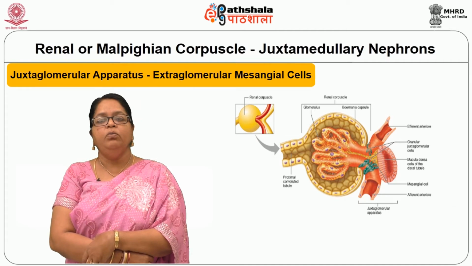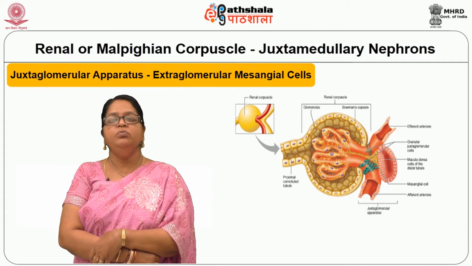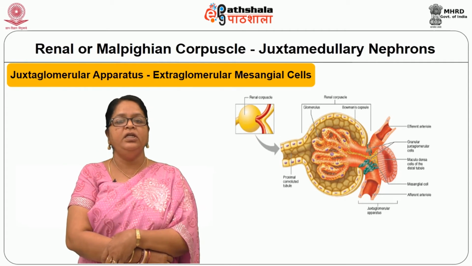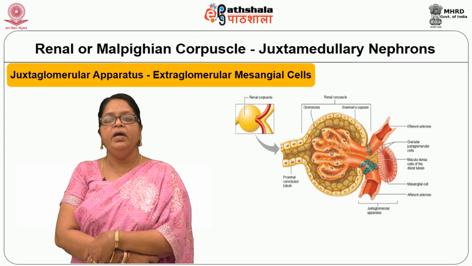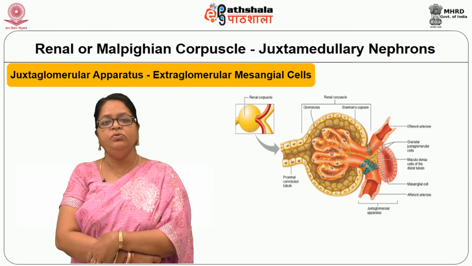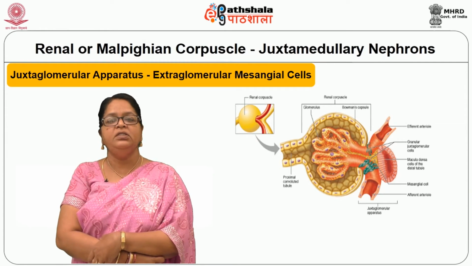Now you may wonder what Goormaghtigh cells are. They are modified smooth muscle cells primarily of the afferent arteriole of the renal glomerulus, discovered by Norbert Goormaghtigh, a Belgian physician, from 1890 to 1960. The term is used synonymously with juxtaglomerular cells.